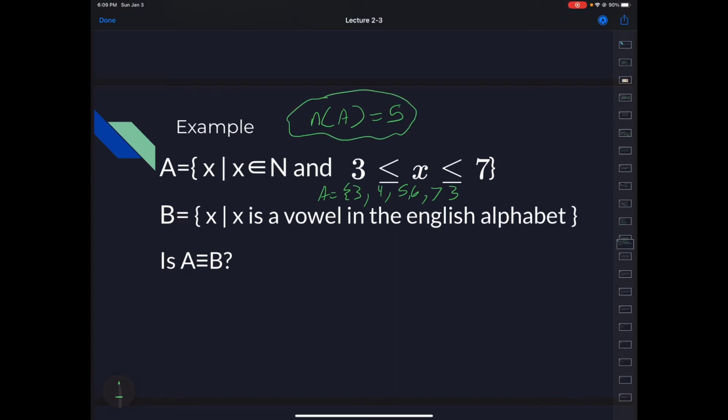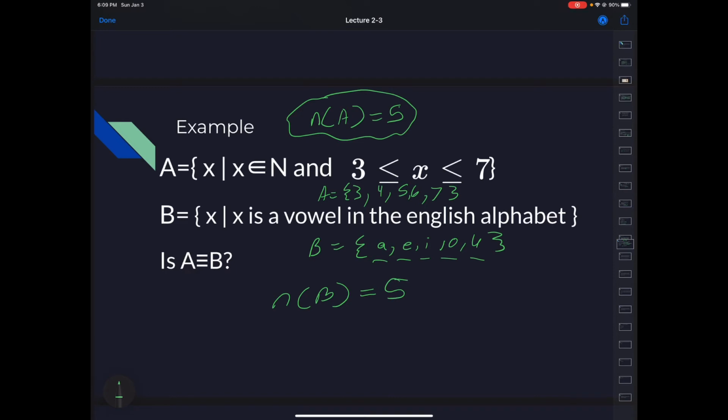Now, B is equal to {x | x is a vowel in the English alphabet}. So let's find the vowels of the English alphabet. The vowels are A, E, I, O, and U. And sometimes Y, but we're going to ignore that for now. And we have 1, 2, 3, 4, 5 elements of this set. So the little n of B, the cardinality of B, is equal to 5.